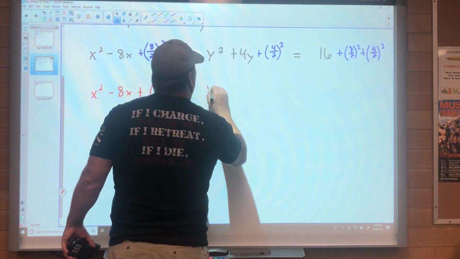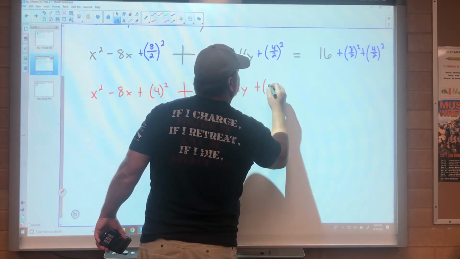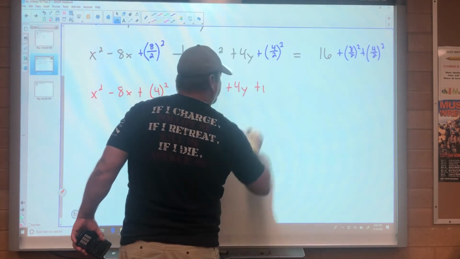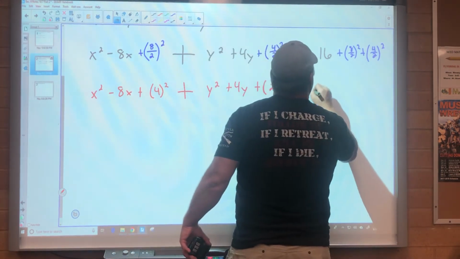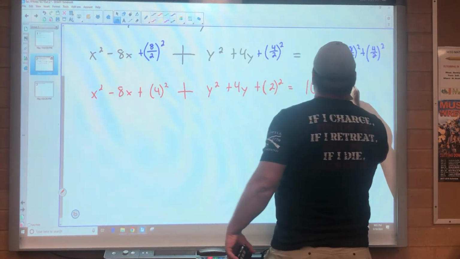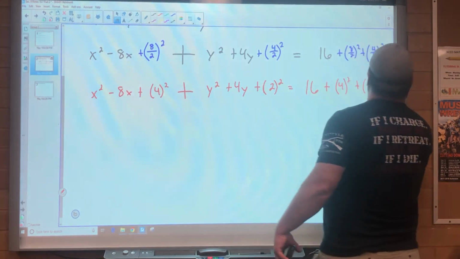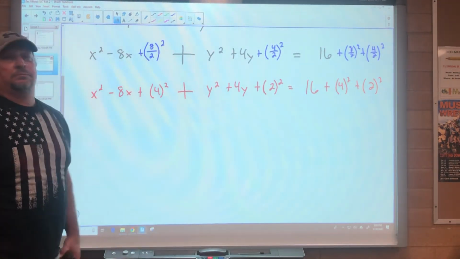So then I have y squared plus 4y plus parenthesis 2 squared, that's what we'll just put, equals 16 plus 4 squared plus 2 squared. So as you can see, all we did was the division part, okay?